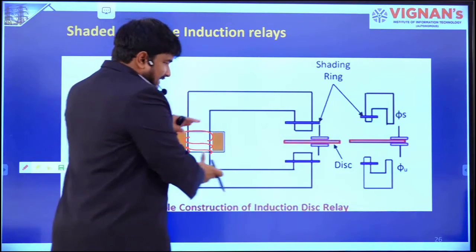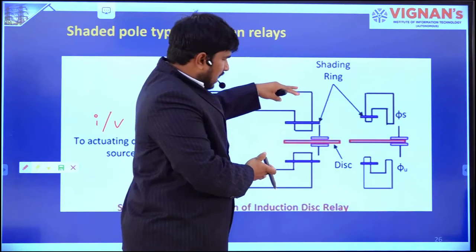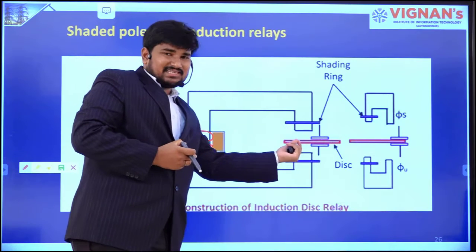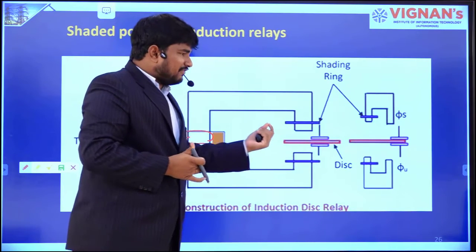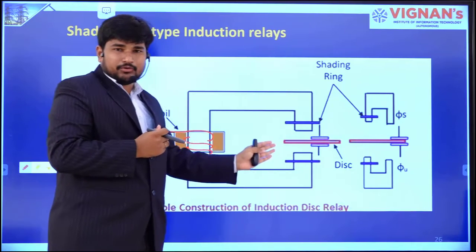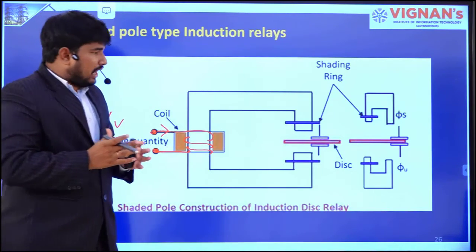Now this is a C-type magnet, right? And at the adjacent of the air gap, what we need to do is split the electromagnetic core into two sections.